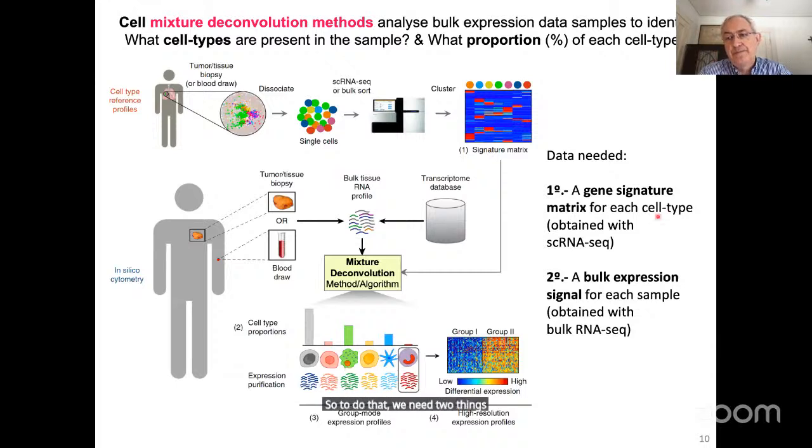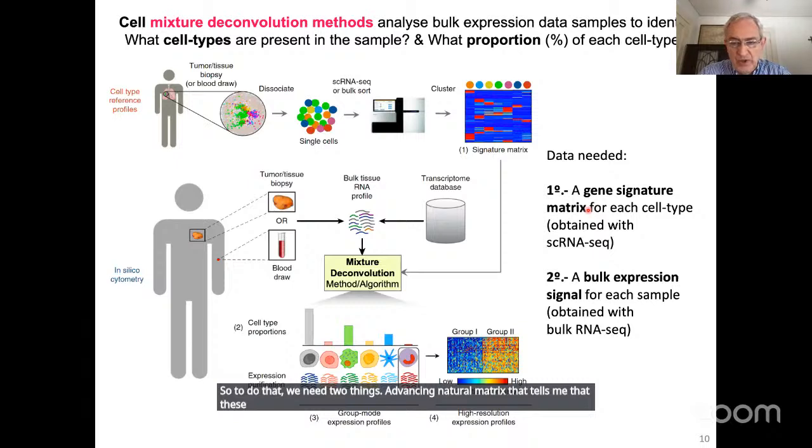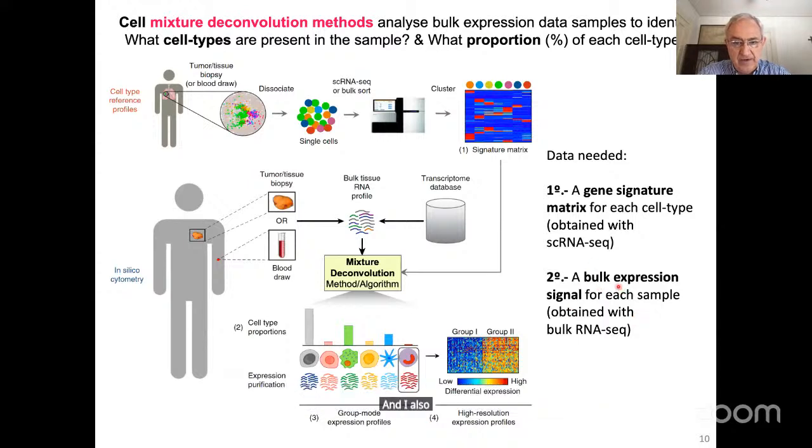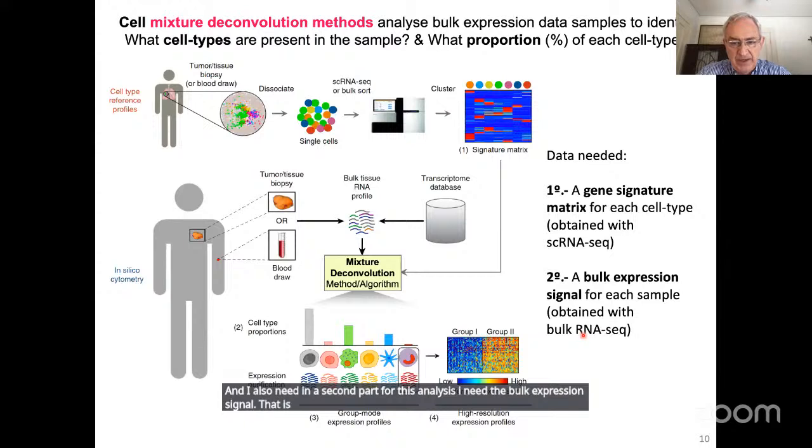We need a gene signature matrix that tells me that these genes provide a good signature for a given cell type. And in a second part, I need the bulk expression signal, that is, the global RNA-seq expression of the mixture.